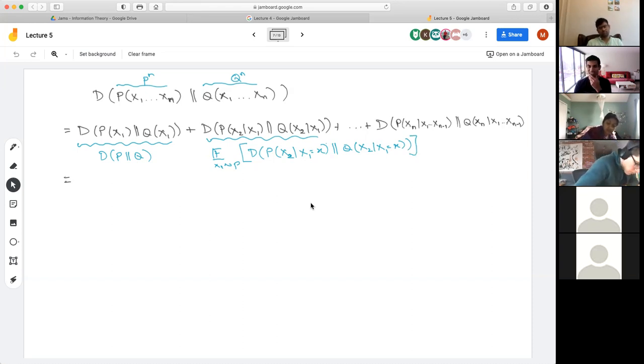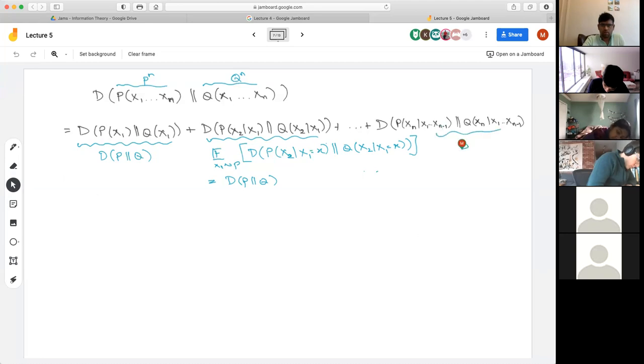Can you tell me what this quantity is? Should be just the same as the first. It's the IID. It's the same as the first because the samples are independent, both in the case of P and in the case of Q. So it's important that both of these distributions have independent samples. So it doesn't matter what the value of the first coin toss was, I still get the KL divergence of P and Q. And the same is true as I keep going along.